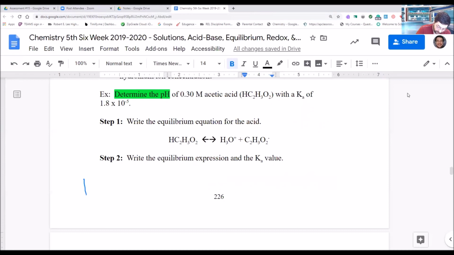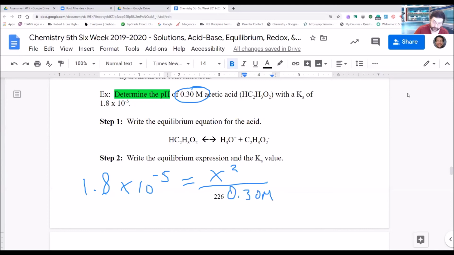So we've got 1.8 times 10 to the negative fifth. This is the Ka value. That is equal to x squared, and we want to know what x is, over the concentration of the acid, which was 0.30 molar.